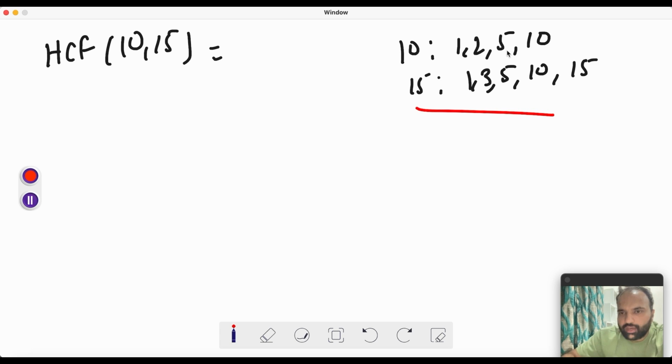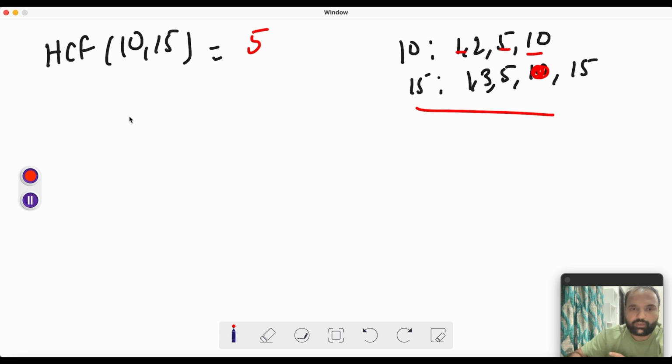We have 1, 5 and 10 on one side, but 15 doesn't have 10. So 1, 3, 5, 15 over here, 1, 2, 5, 10 over here, so 5 is common, and we can say the HCF is 5.